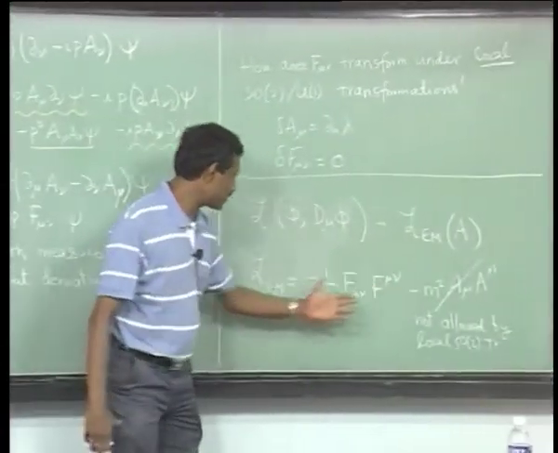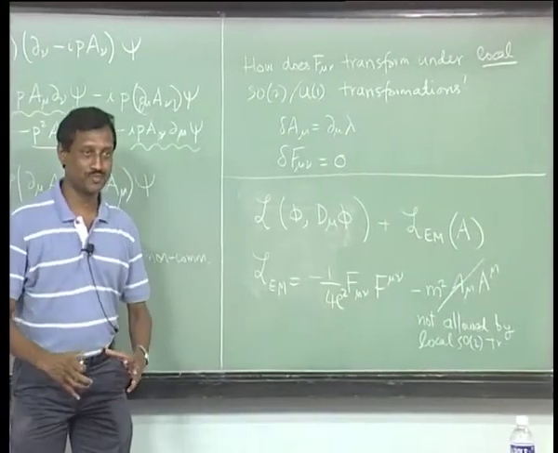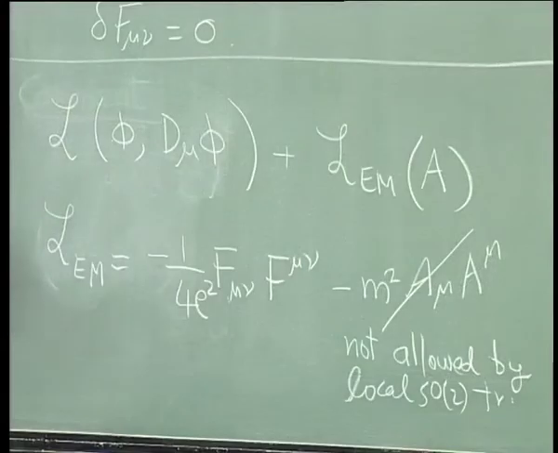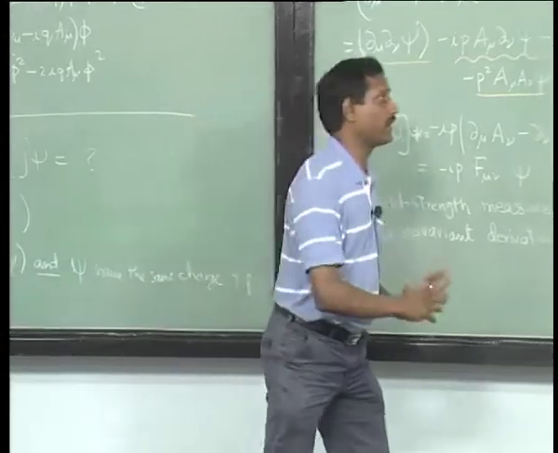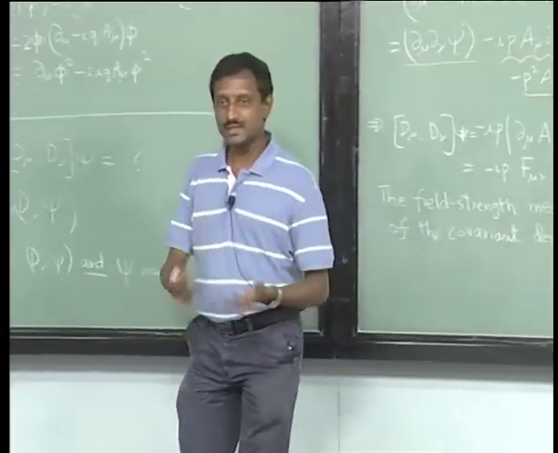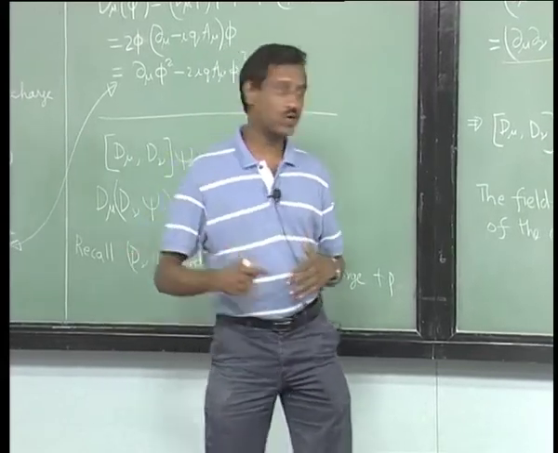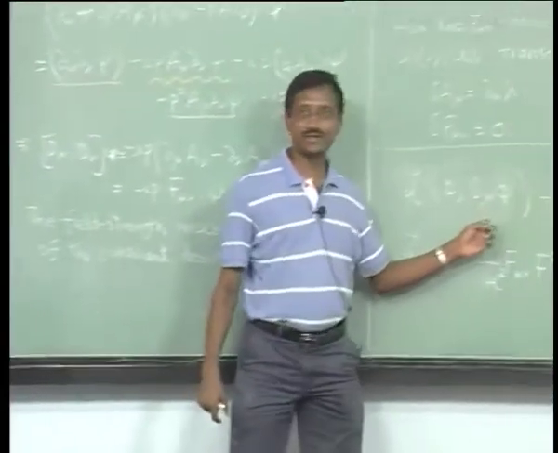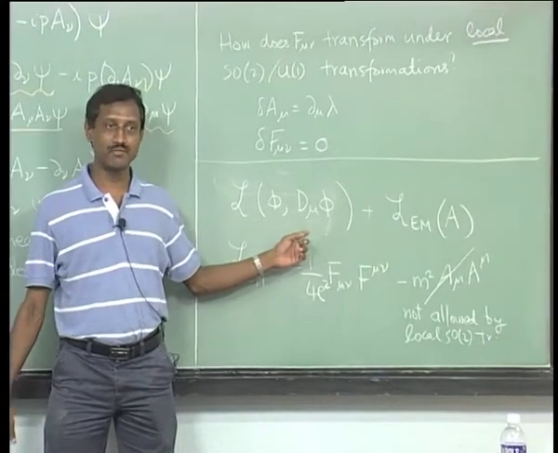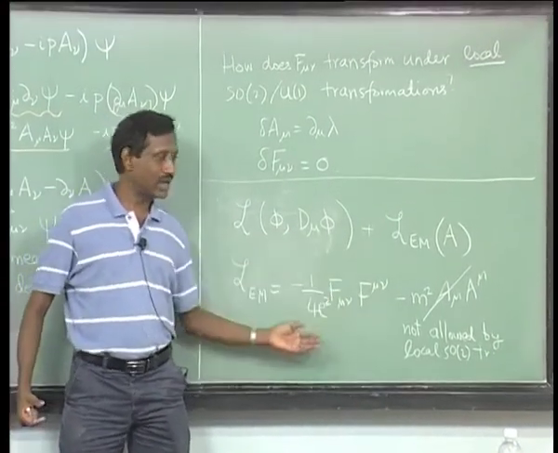So you can see that in fact it is a very tight fit. We started out with a system which was just a complex scalar field which had global SO2 invariance. What we did is we said let us ask the following question, can we make it locally invariant? We found that yes, modulo adding this extra gauge field through the covariant derivative, but nothing tells you that it cannot have dynamics.